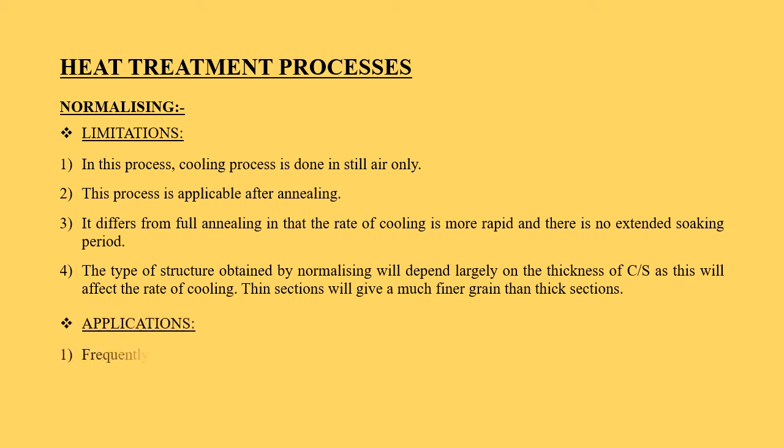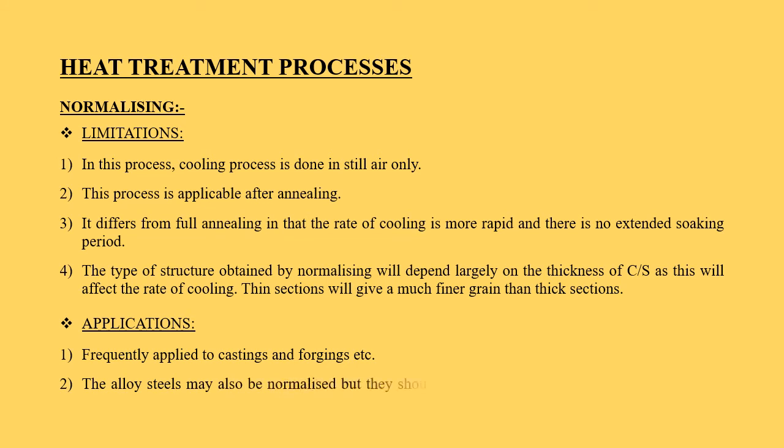The applications are: it is frequently applied for castings and forgings, etc. The alloy steels can also be normalized, but they should be held for at least 2 hours at a specified temperature and then cooled in the furnace.